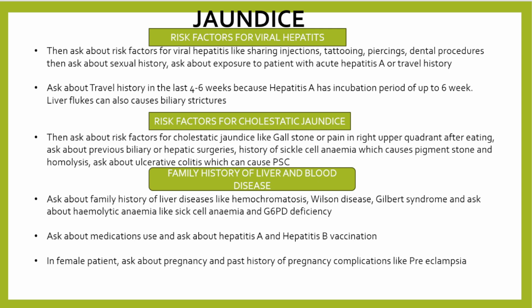Then we will ask for risk factors of viral hepatitis, which we know are sharing injections, tattooing, piercing, dental procedures. They can cause acute hepatitis B. Then we will ask whether the patient has any exposure to a patient with acute hepatitis A, or travel history.